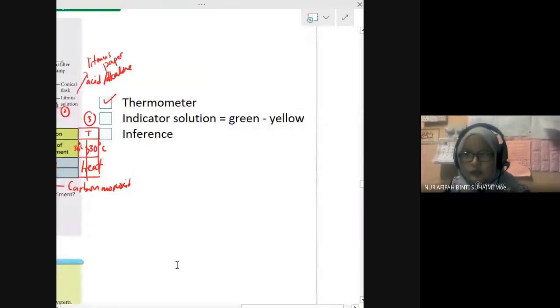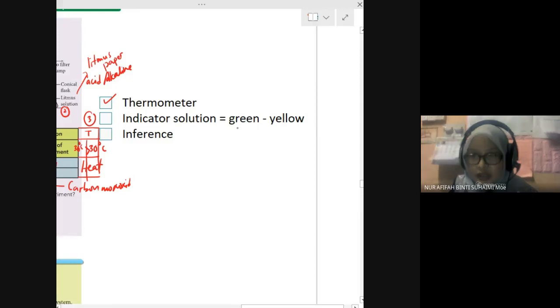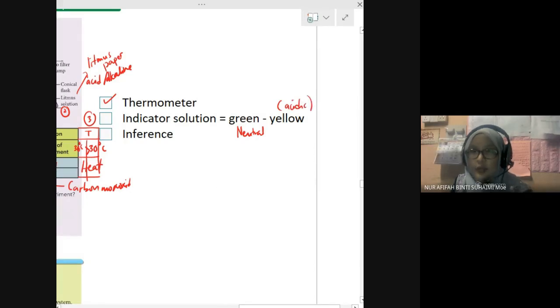The original color of indicator solution is green, which means it's neutral. After the experiment, it will turn to yellow, meaning there are acidic substances. Green to yellow for acid; for alkali, green to red.